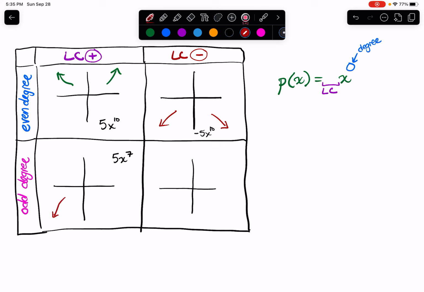Then p of x is going to approach negative infinity as x approaches negative infinity, but it's going to approach positive infinity on the right side. And then just like with the upper row, if I have something like negative 5x to the 7th, if I have an odd degree, but a negative leading coefficient, this is going to flip upside down. It's going to reflect over the x-axis like this.